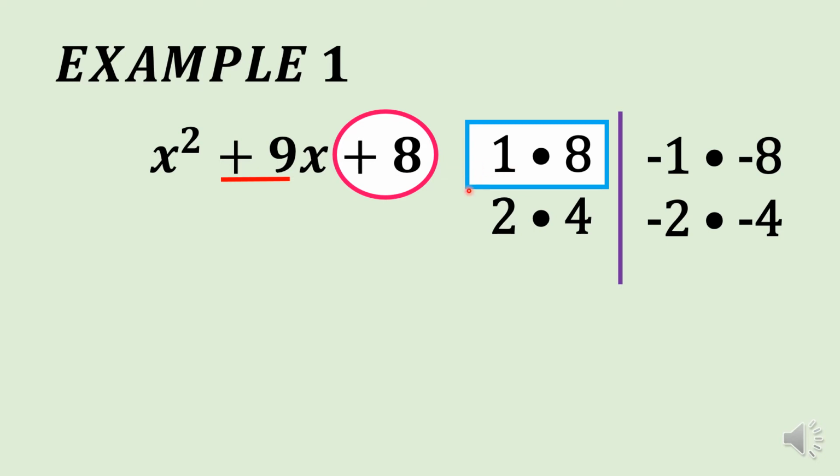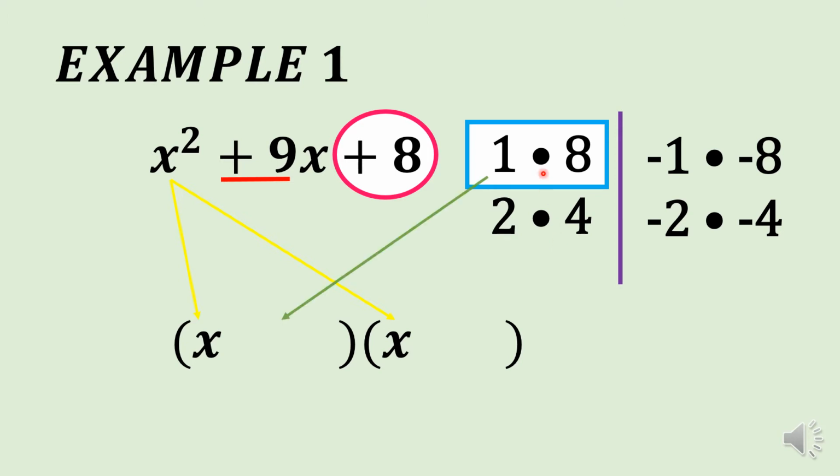Okay, so after finding the factors of 8 and yung sum na magbibigay dito sa ating second term, the next step now is to factor our first term, so that is x squared. Kapag finactor natin yung x squared, ang ating sagot ay dalawang x. So you just place two parentheses, so you have x times x, and then we're going to place now our factors.